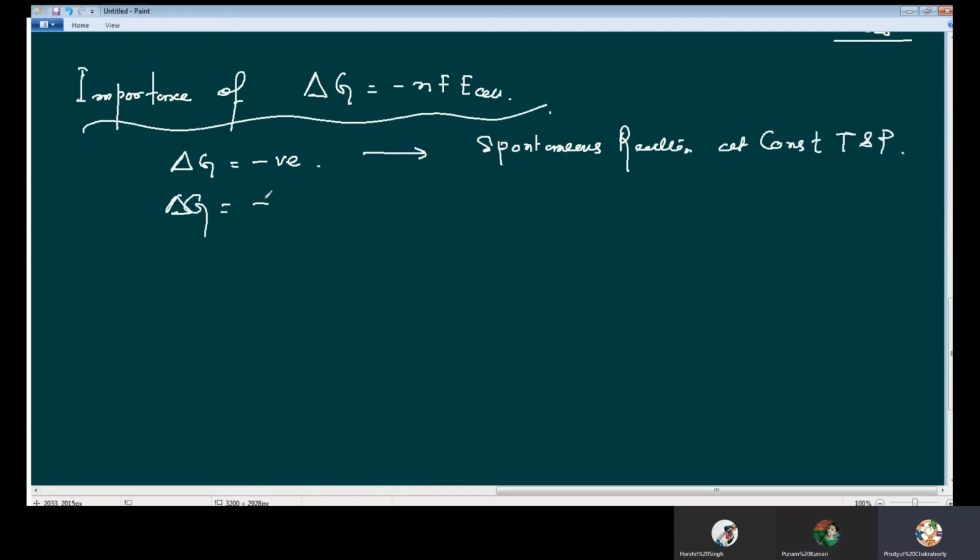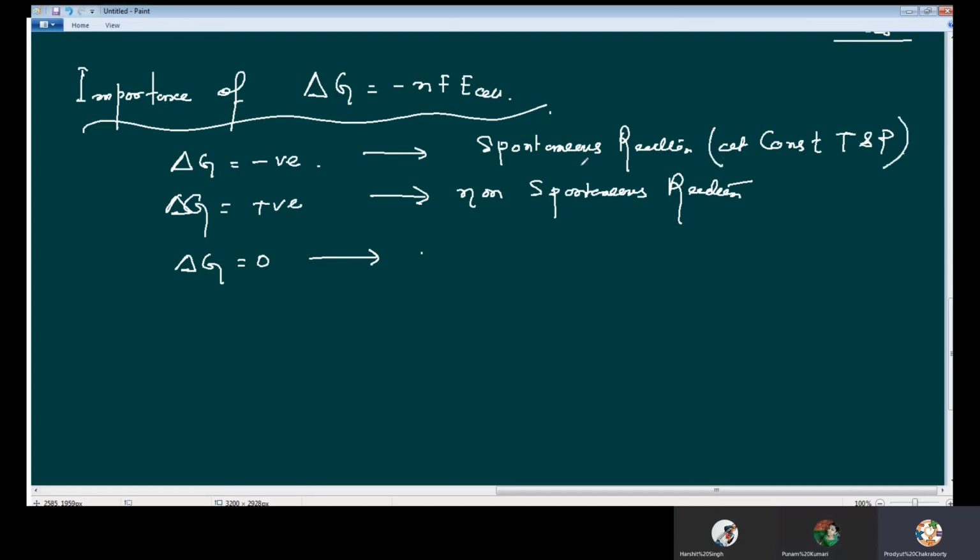And del G is equal to 0 at equilibrium. The temperature and pressure are always constant. Now at constant temperature and pressure, for a spontaneous reaction, del G is negative.